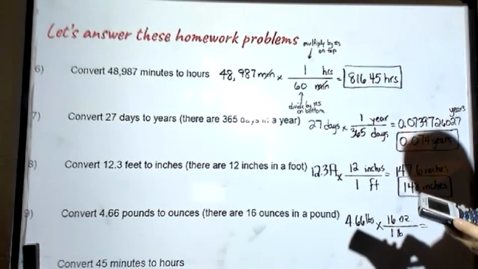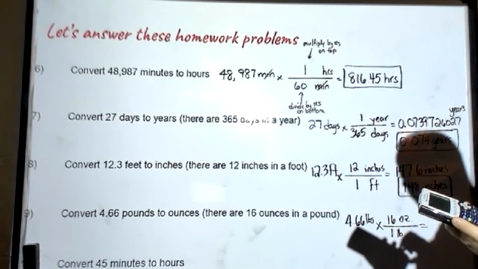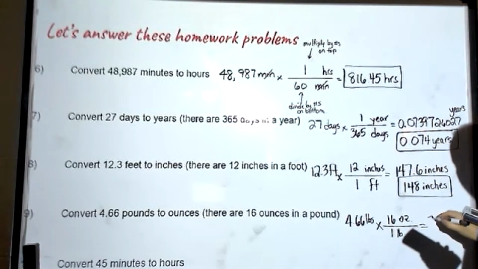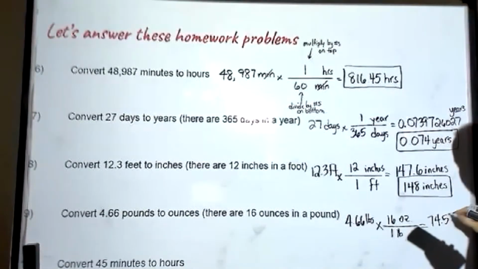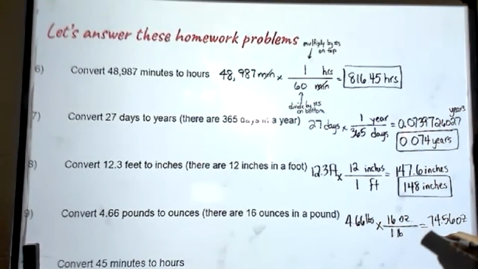So in this case, we're going to get 4.66 times 16. So an answer of 74.56 ounces but we only have 3 significant figures that we're allowed to keep. So this is going to be 74.6 ounces.